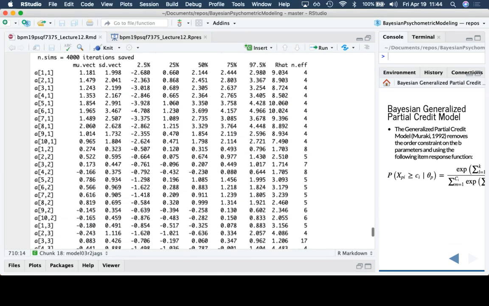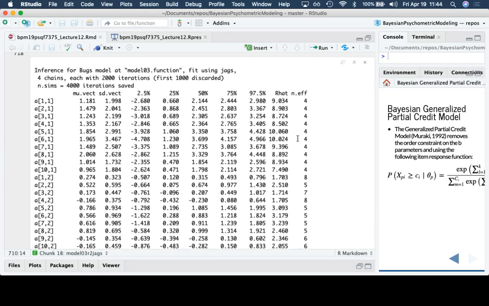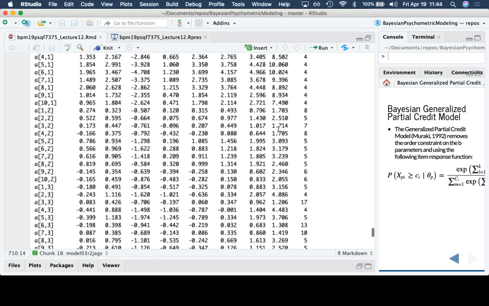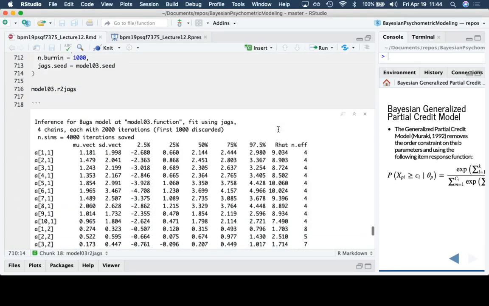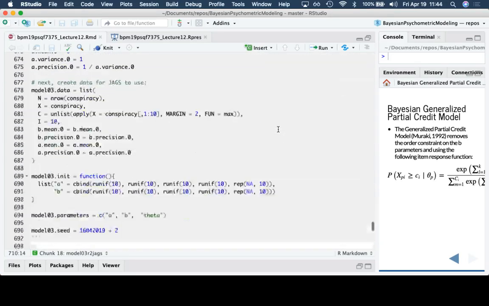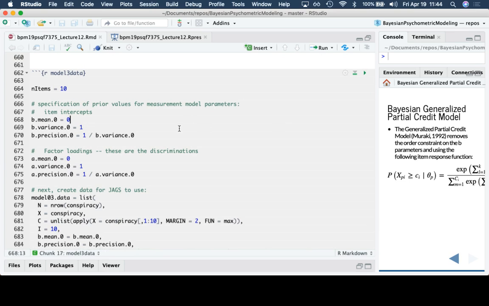What you're going to see here, folks, is problems. Look at that. Convergence is a real problem here. It's a hard model to make work. Look at my variances, they're 1.